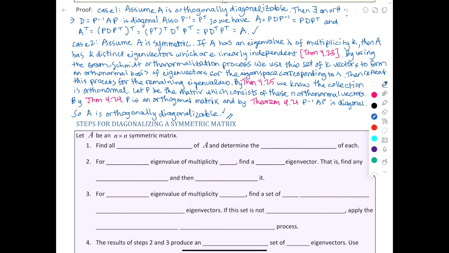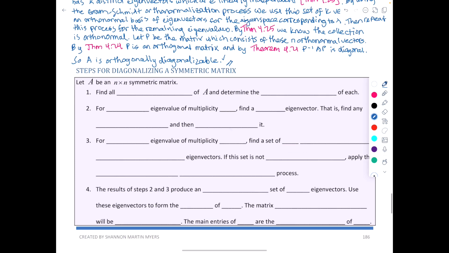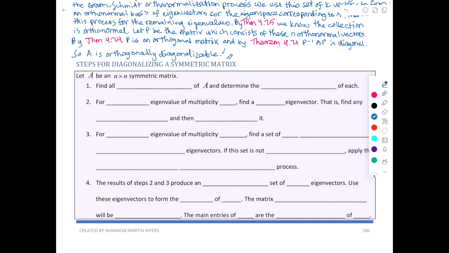That is case 2. All right, so steps for diagonalizing a symmetric matrix. Find all the eigenvalues of A. So it's the same really as any other, except you know that it will be diagonalizable. And determine the multiplicity of each.